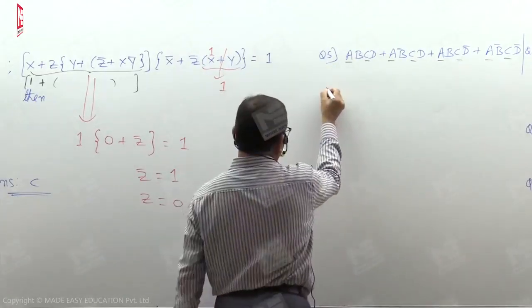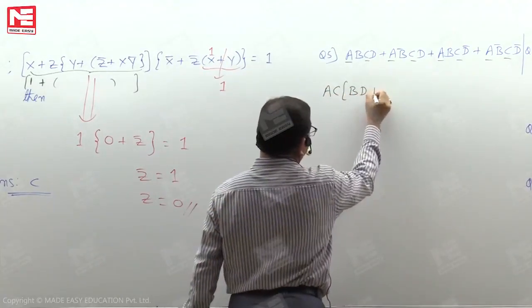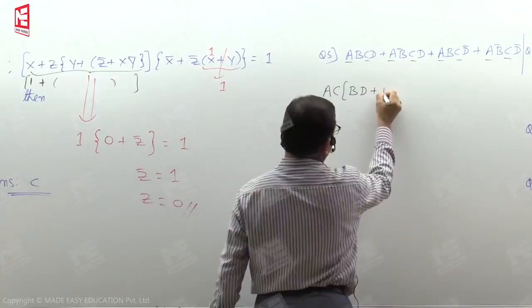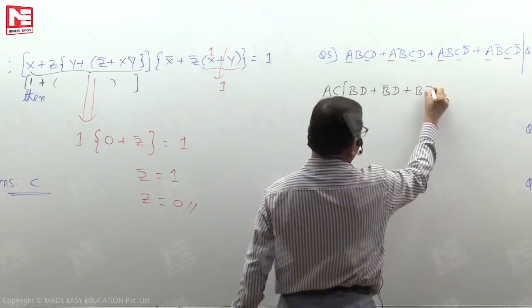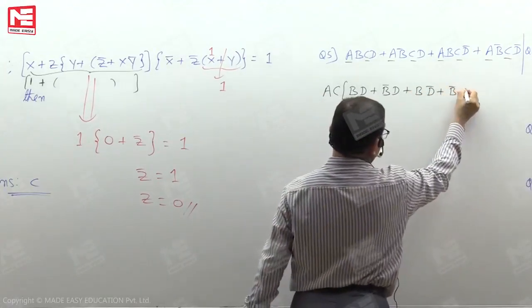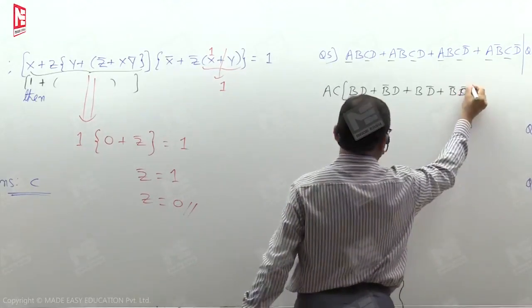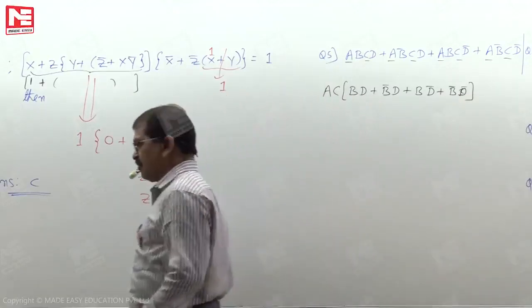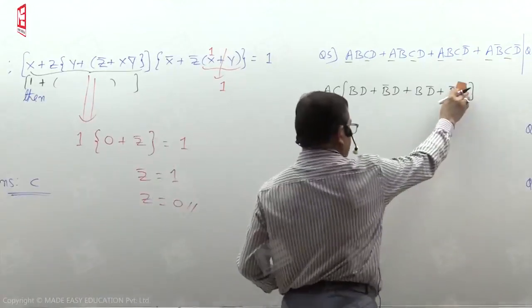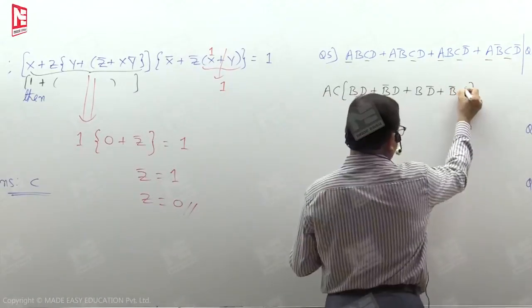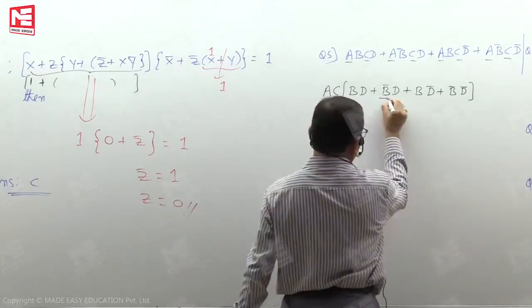When AC is common, within the parenthesis we read BD, next B complement D, next B D complement, and the last product is B complement D complement. With our knowledge of exclusive OR and exclusive NOR, it is possible to group these terms.